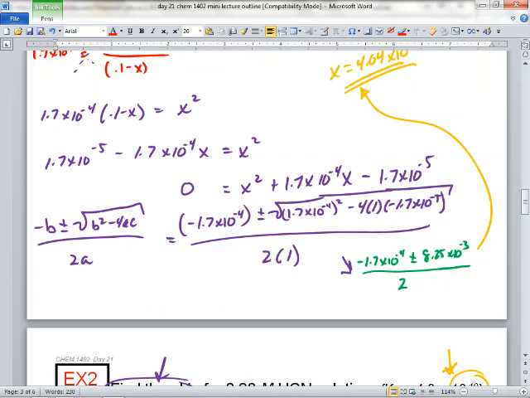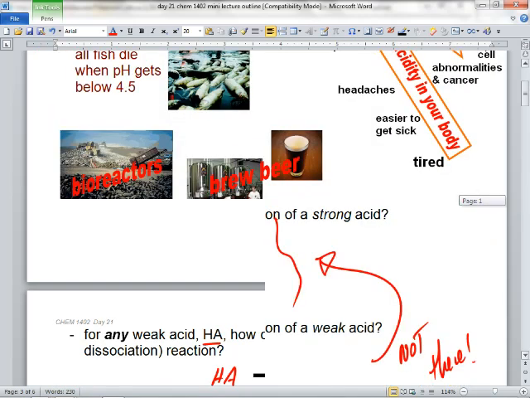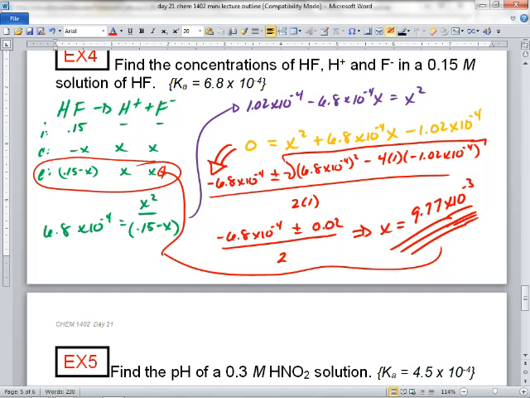I don't remember what the formula was. H3BO3, 5.9.